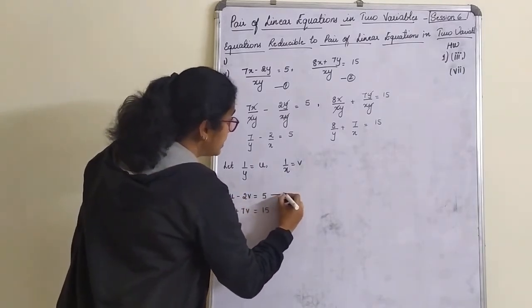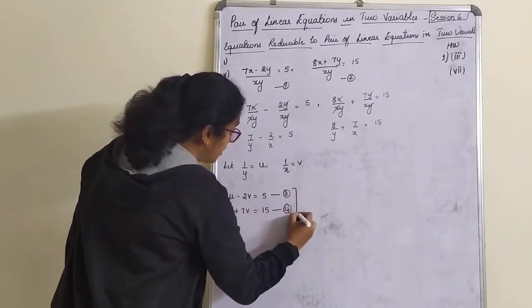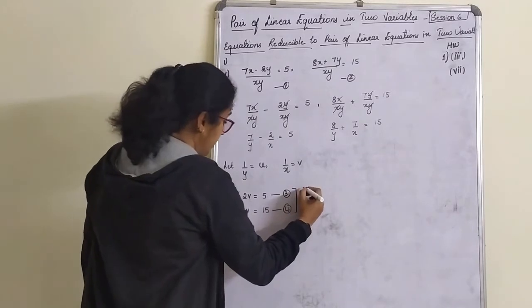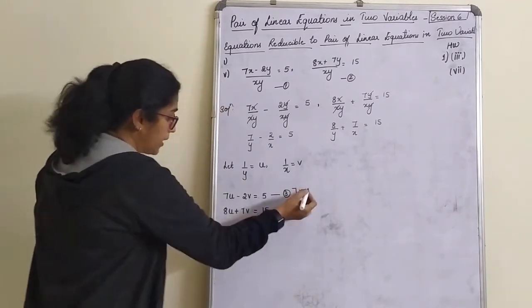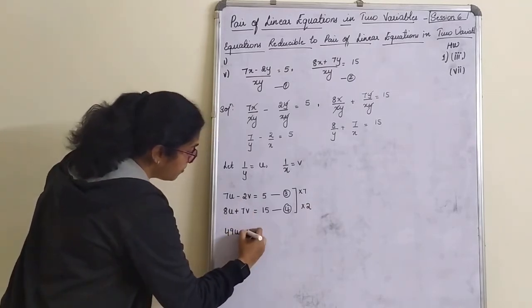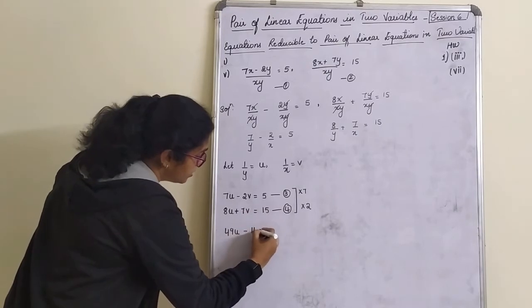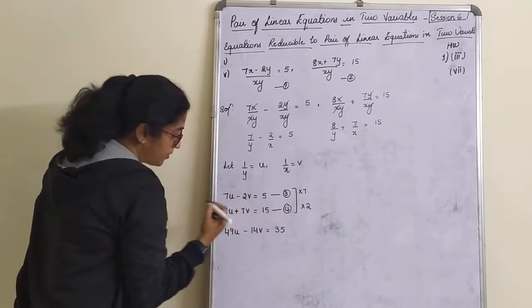So this is my equation 3 and this is my equation 4, where I can multiply this by 7 and multiply this by 2. Okay. 7 sevens are 49u minus 7 twos are 14v, 7 fives are 35.